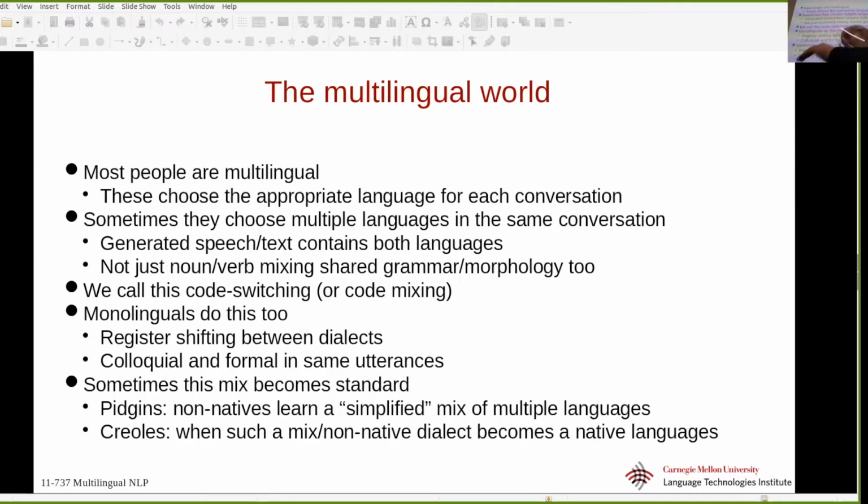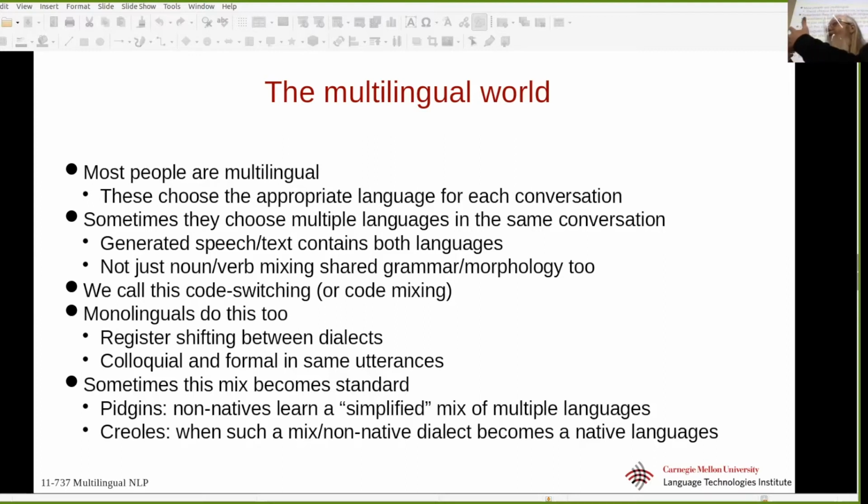And even if you don't do that, think if you're a monolingual person, when you swear, okay, there are only some circumstances it's acceptable to swear and some circumstances where it's not. And depending who you're talking to, what you're talking about, you may choose between these different dialects, swear words and other crude forms, as opposed to maybe a more standard form that you might use if you're standing up.